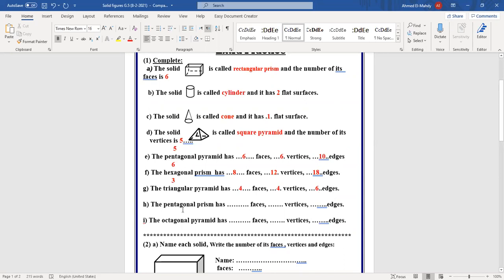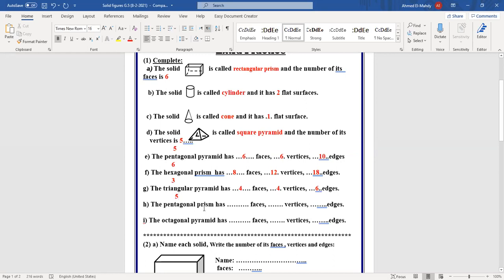Yes. The pentagonal pyramid has how many faces, how many vertices, and how many edges? Pentagonal pyramid. What is the shape of the base? The base is a pentagon. How many sides in the pentagon? 5. Okay.